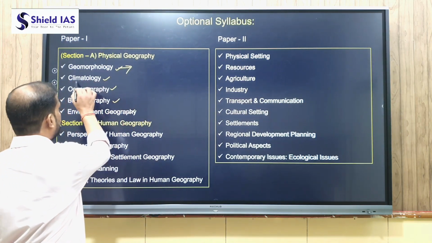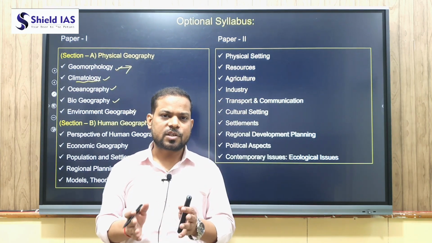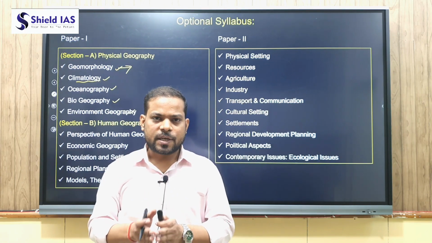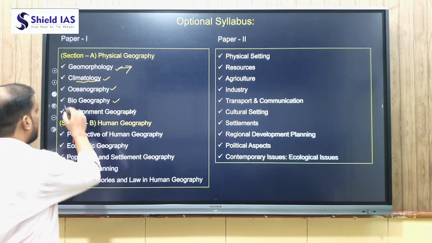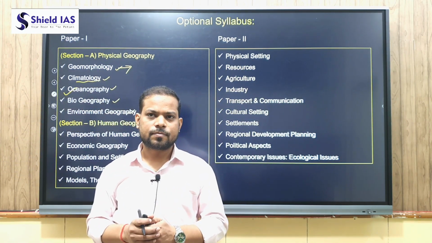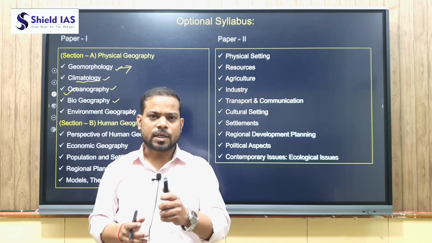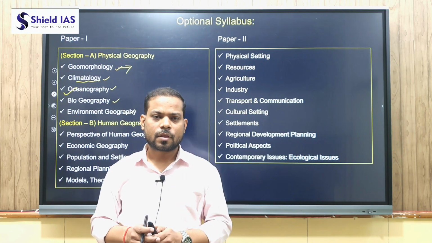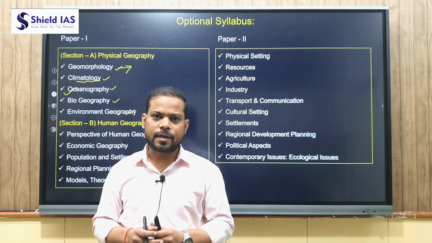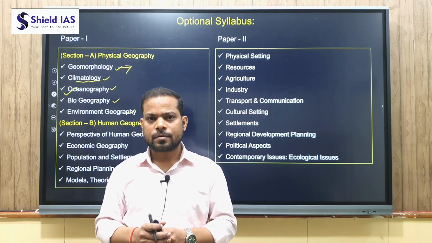And in climatology, we discuss climatic features like atmosphere composition, structure, solar radiation, insolation, classification of Köppen. And in oceanography, we discuss ocean related information, ocean resources, continental shelf, continental slope, ocean currents, cold currents, warm currents, horizontal and vertical distribution of temperature, then horizontal and vertical distribution of salinity, coral reefs, the problems associated with coral reefs and their location.